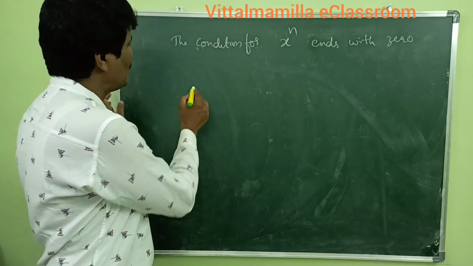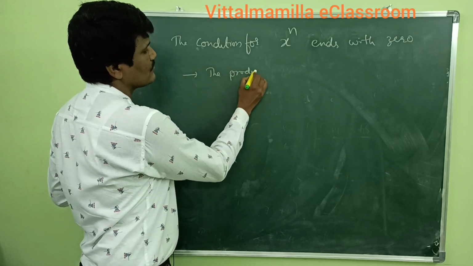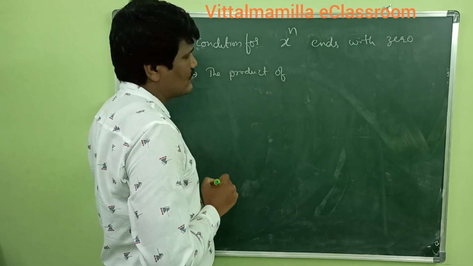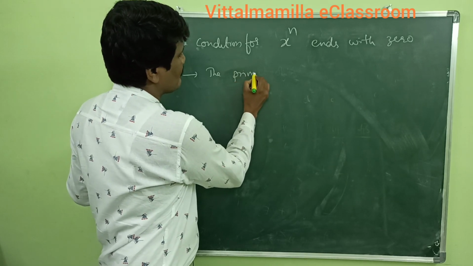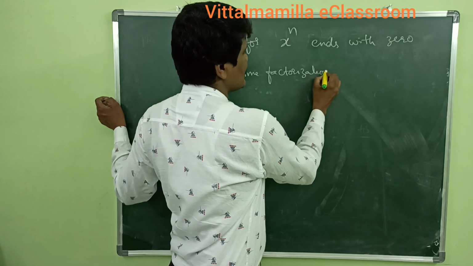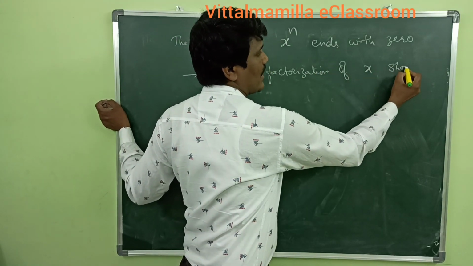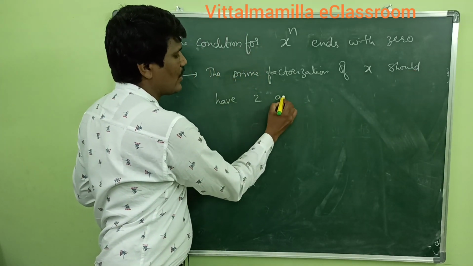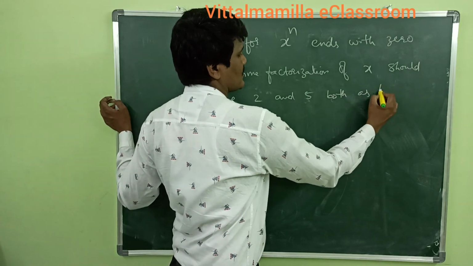The condition is simply that the prime factorization of x should have 2 and 5 both as factors.